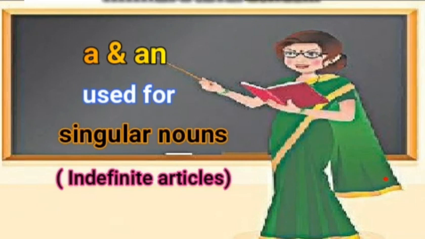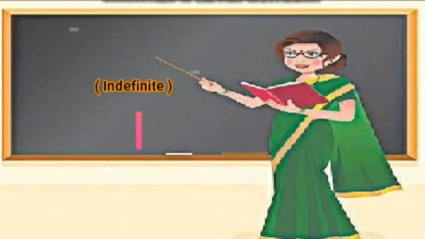See, these are called indefinite articles. Indefinite means we don't know about the noun. We don't have any previous knowledge about the noun which we are talking about now. That is what indefinite means. We don't have any knowledge about the noun.